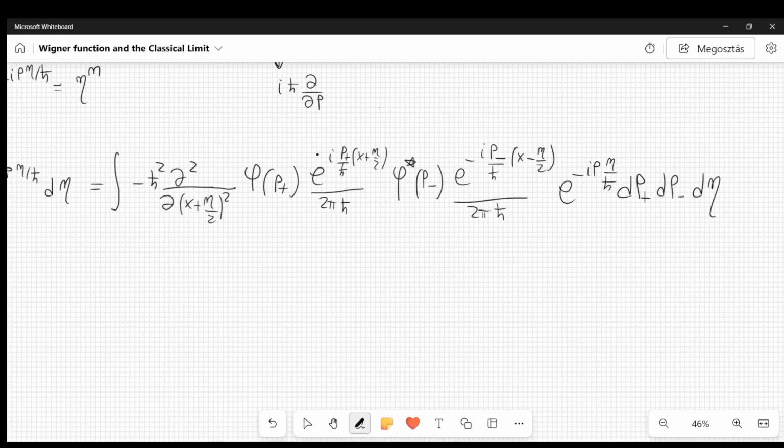So instead of rewriting the entire expression, I will just change it a little bit here because it's more convenient. This second derivative will only act on the complex exponential, right? And when it acts on this complex exponential, the second derivative will give us the following.